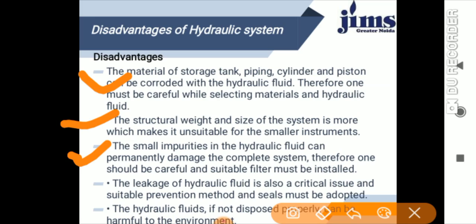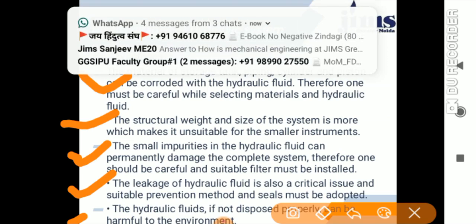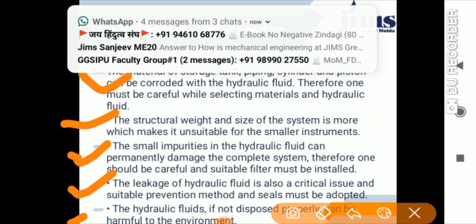Next, leakage of hydraulic fluid is very severe and a critical issue, so suitable preventive methods and seals must be adopted. And at the end, the hydraulic fluid, if not disposed of properly, can be harmful to the environment.